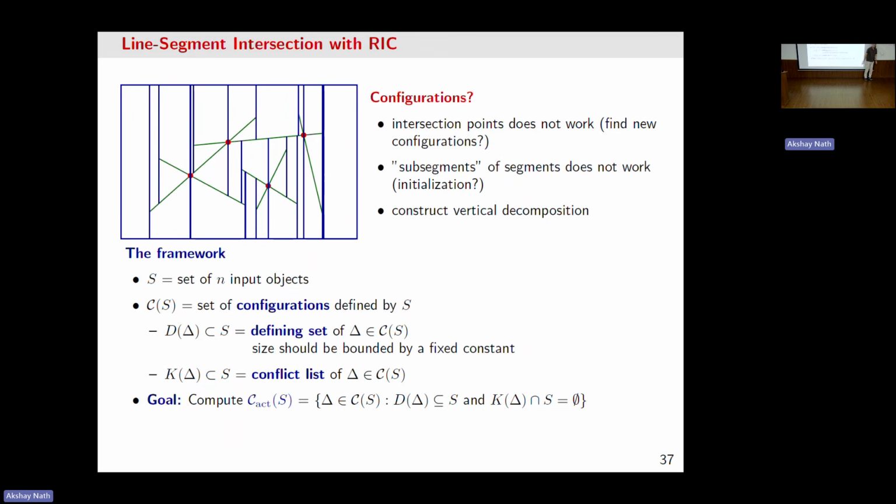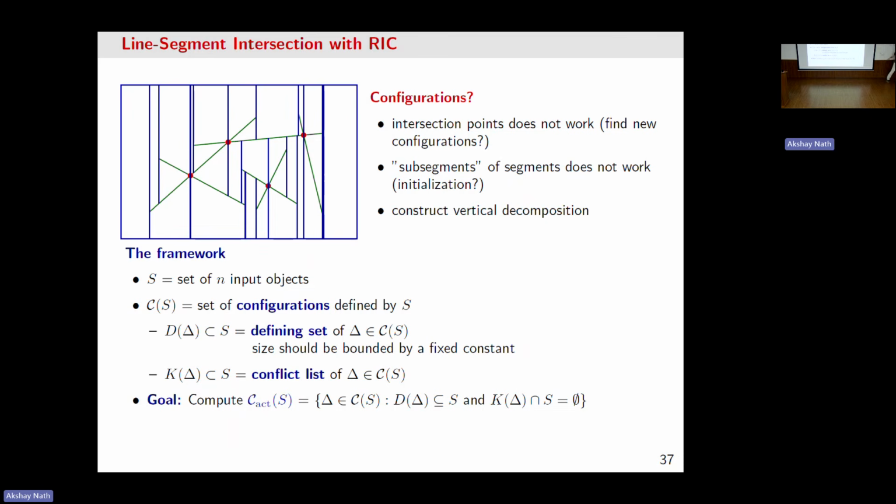And I look at the vertical decomposition, the trapezoidation, and this is one of my trapezoids. And the defining set are the ones that I really need to define this. Right, so this one, even if this is not there, I still keep the trapezoid, so it's not in the defining set. This doesn't need to be there, but these are there.